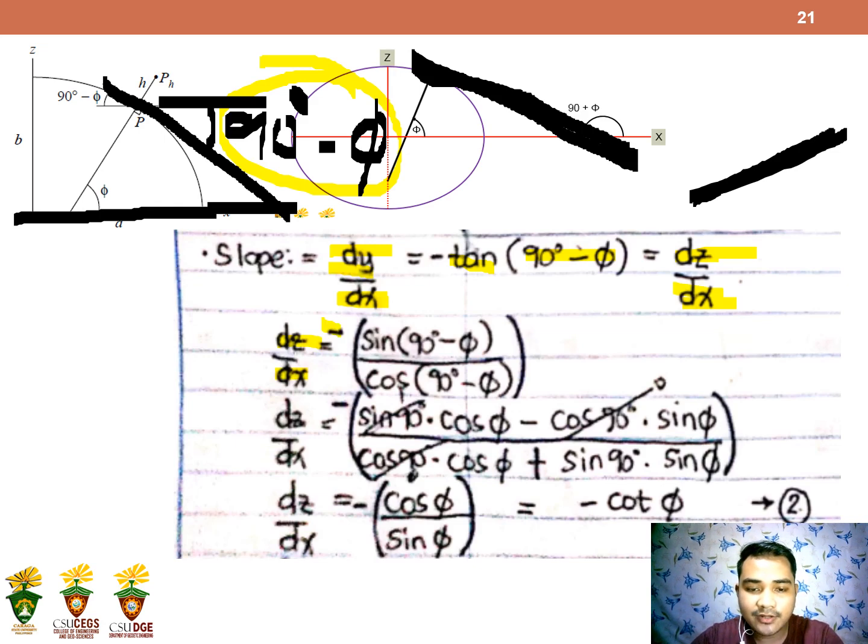Tangent is equal to sine over cosine. So therefore, sine of 90 degrees minus geodetic latitude over cosine of 90 degrees minus geodetic latitude.